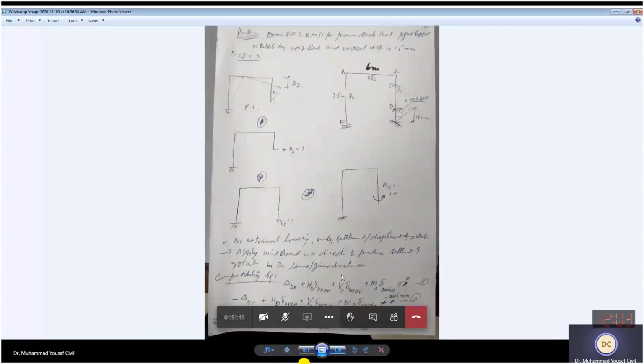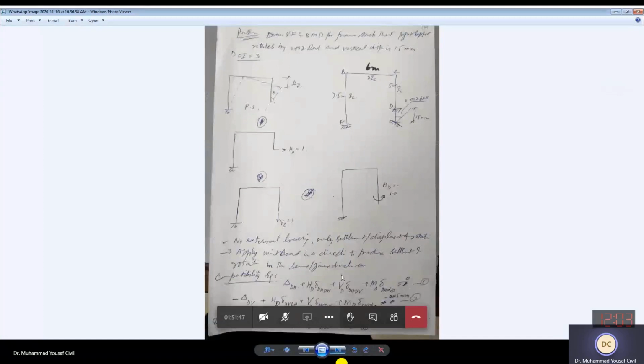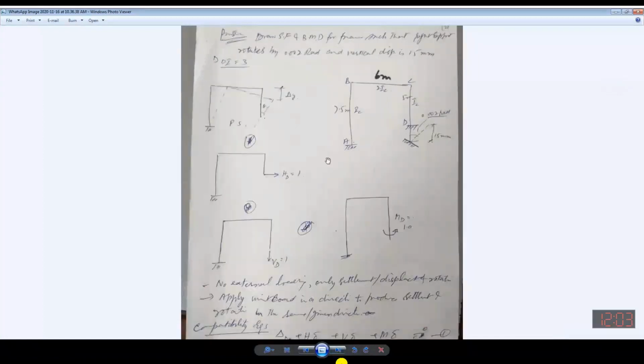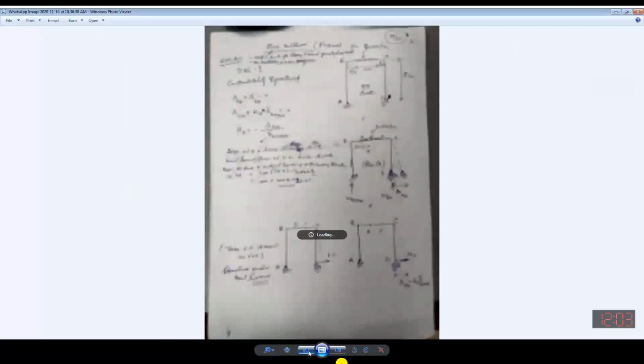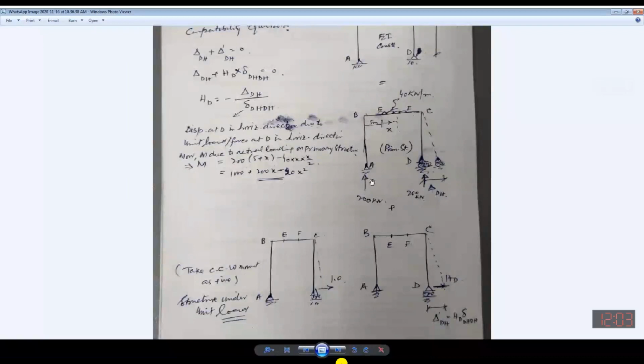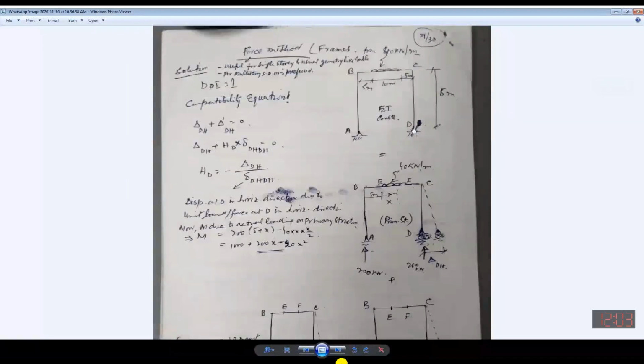What will be the condition? Then you have seen, if CR or anybody, if I say, listen carefully, if I say under the effect of this 40 kilonewton per meter, it is displaced, this is showing you the displacement by 15 millimeter in the horizontal direction.